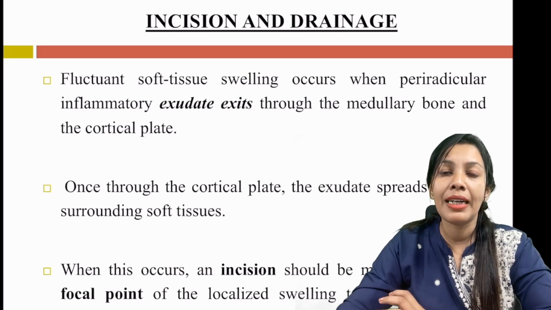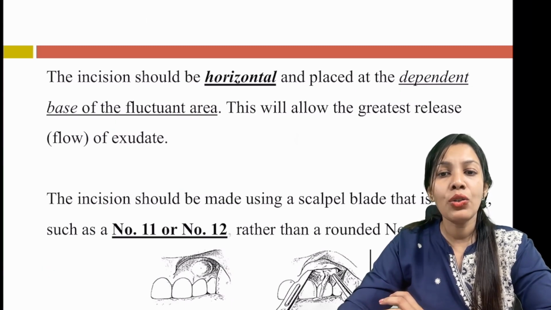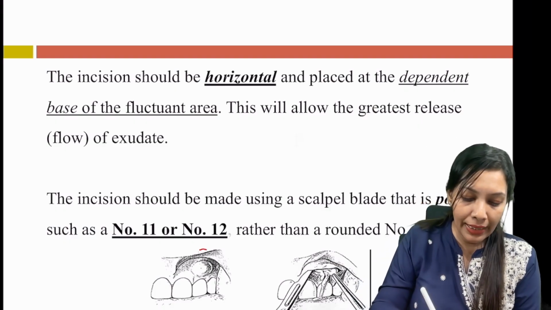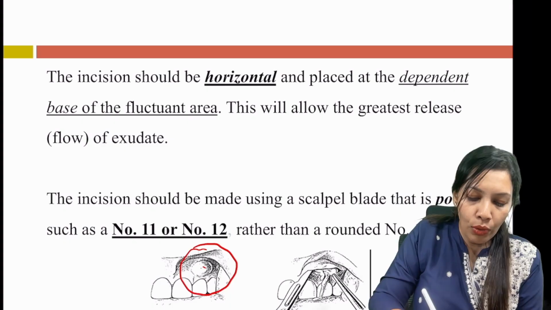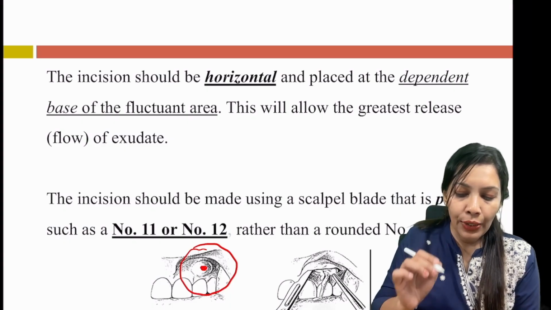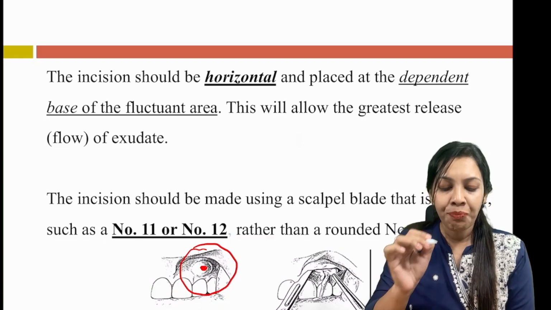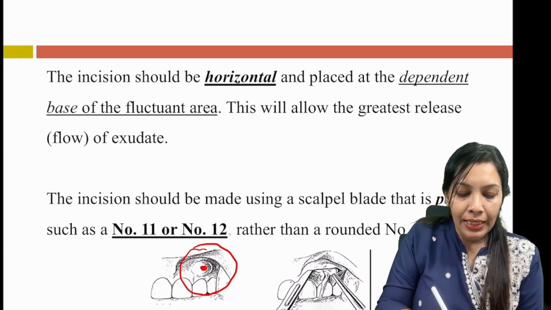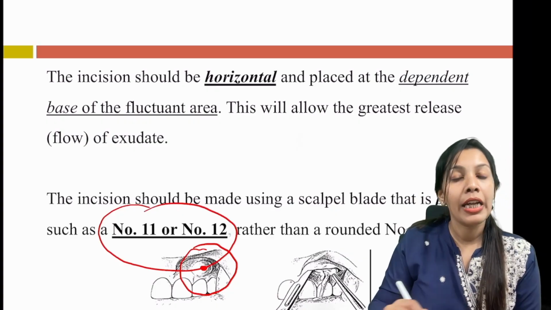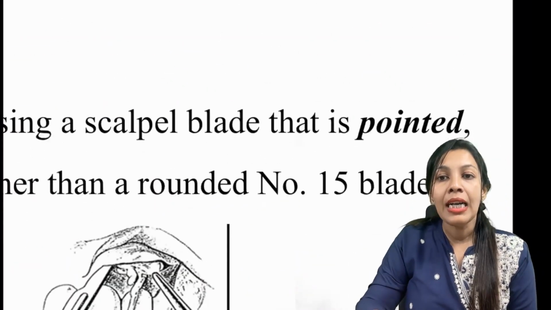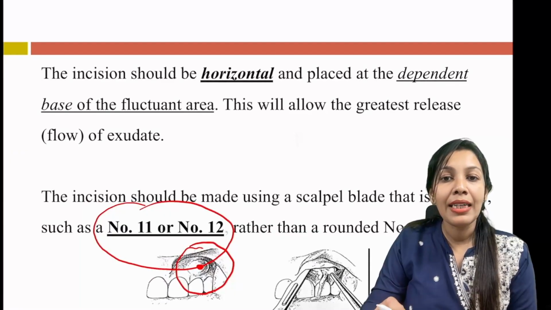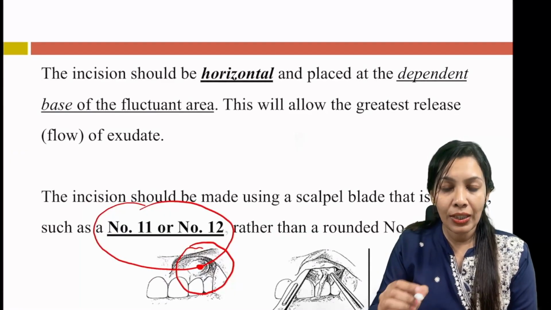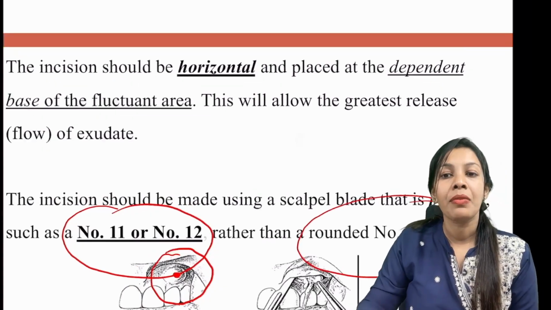The first step is incision and drainage. As you know, in incision and drainage, there will be a swelling that is actually present, and at the most fluctuant area we'll use a scalpel blade which is pointed, such as the 11 or 12 pointed blade, to make that incision rather than the rounded 15 blade.